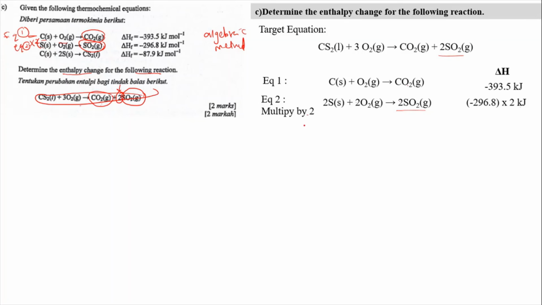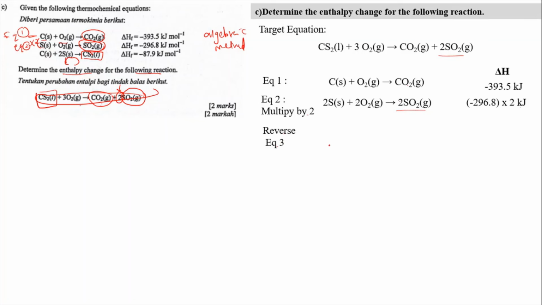Okay. And now for equation number 3. So bila tengok equation number 3, CS2L dia dekat produk, tetapi our target is at the reactant side. So what I can suggest is that we're gonna reverse the equation. Yang produk menjadi reactant dan reactant menjadi produk. So for equation number 3, I'm gonna reverse it.